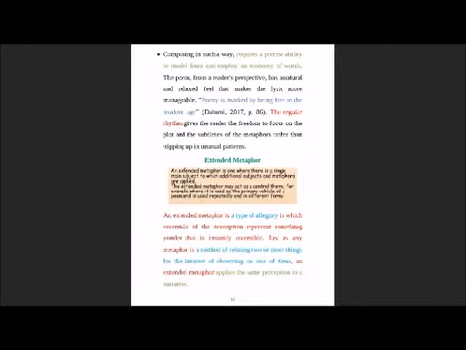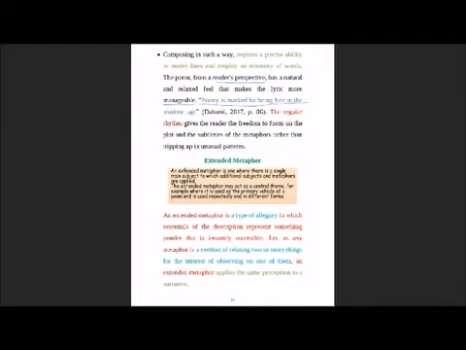The poem, from a reader's perspective, like you, like me, has a natural and relaxed feel that makes the lyric more manageable, like what we call free verse, not restricted to regular rhythm or rhyme. Poetry is marked by being free in the modern age. Very interesting idea we can realize here.